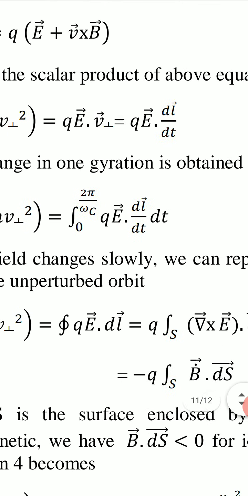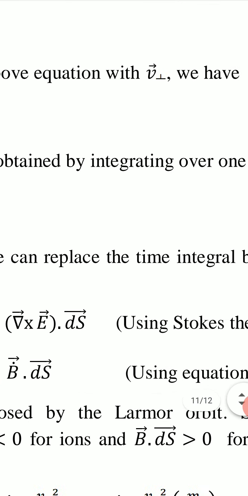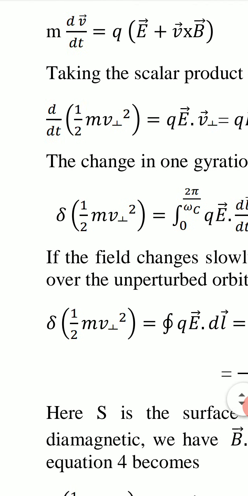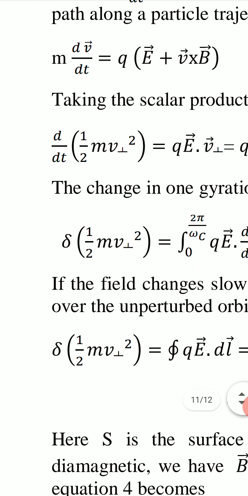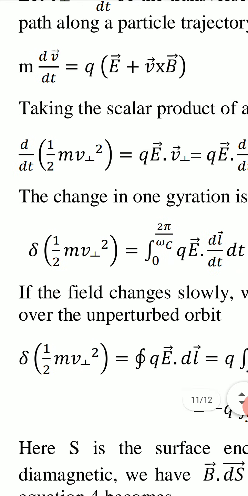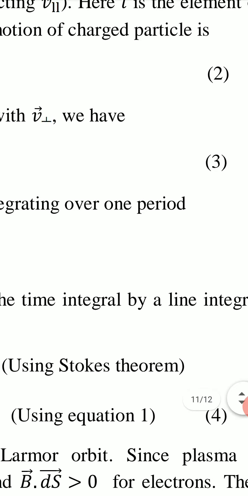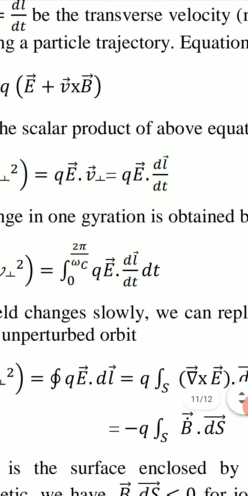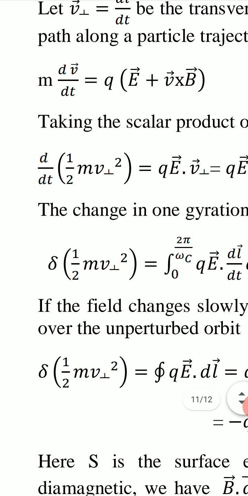Taking the scalar product of the above equation with v perpendicular vector, we have: if we take a scalar product, that is dot product, of this equation, which is equation 2, on both sides, left hand side and right hand side, with v perpendicular vector.